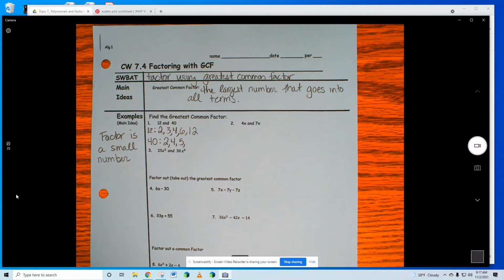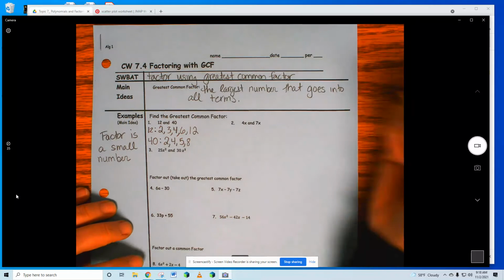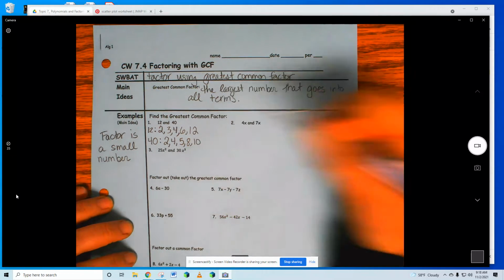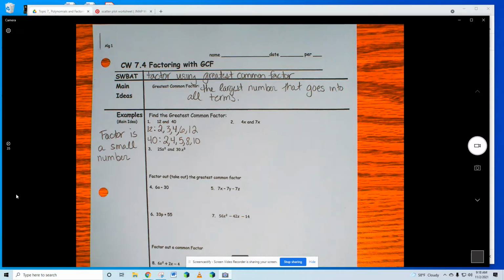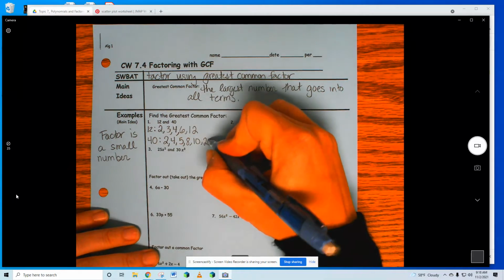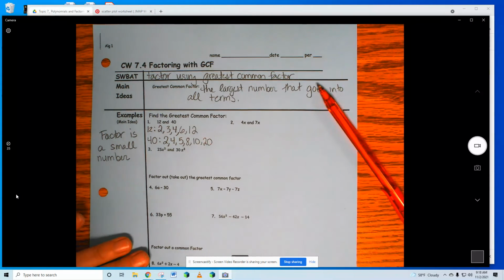Okay, 2, 4, and 5. 8 goes into 40. You need to be good at multiplication for this. 10. What else? 20. And itself.